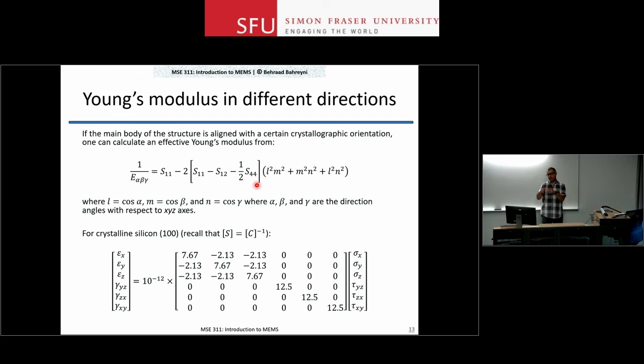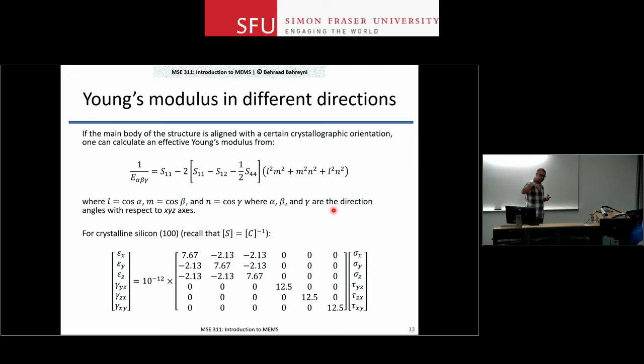I figure out the angle between the direction of interest and my X, Y, and Z axes. I call them alpha, beta, and gamma, and L, M, and N in this formula are the cosines of those angles. Once I do that, I can figure out the effective Young's modulus for any direction.